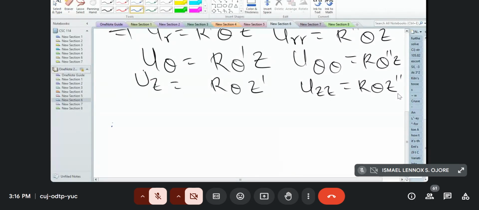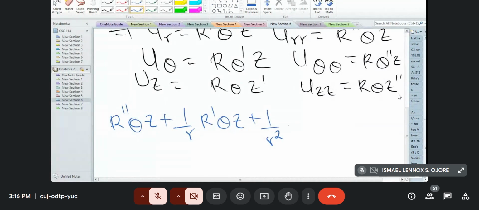So for the equation, we have R double prime Theta Z plus 1 over r R prime Theta Z plus 1 over r squared R Theta double prime Z plus R Theta Z double prime equals 0.